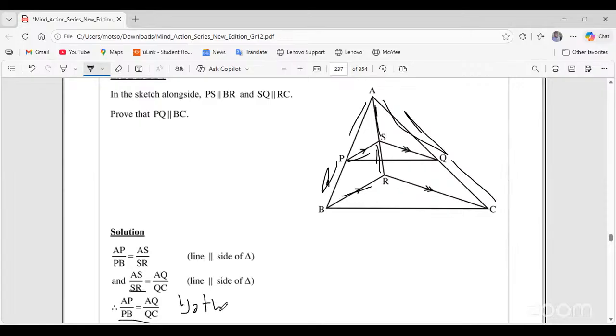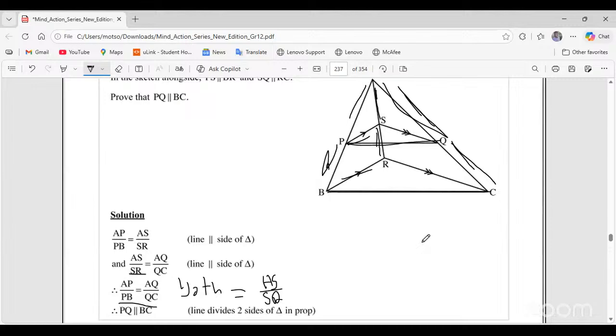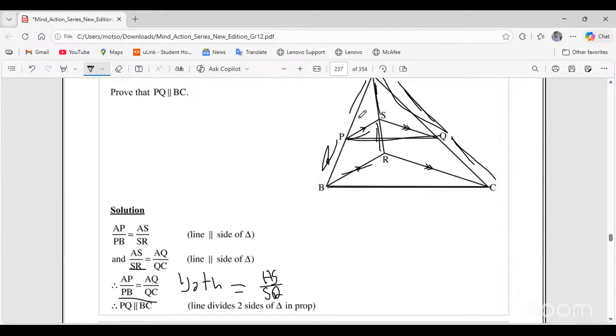Because they are both equal to AS over SR. Now, if the ratio of this side is equal to the ratio of this side, then we can come to the conclusion that this line is parallel to this line. Why? Because this line divides these two sides of the triangle proportionally, or they divide those sides in proportion.